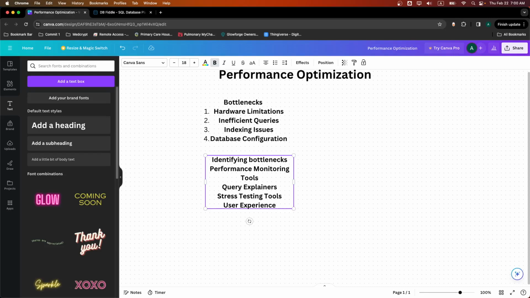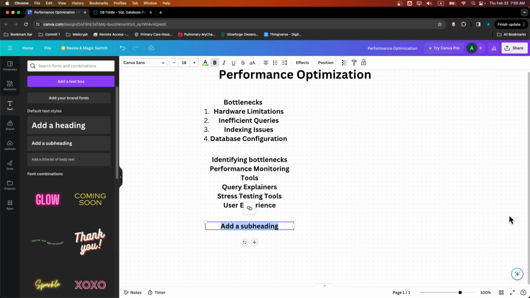Okay, so now I wanted to talk about these performance tools, you can call them analysis tools. What are they and how can we use them?